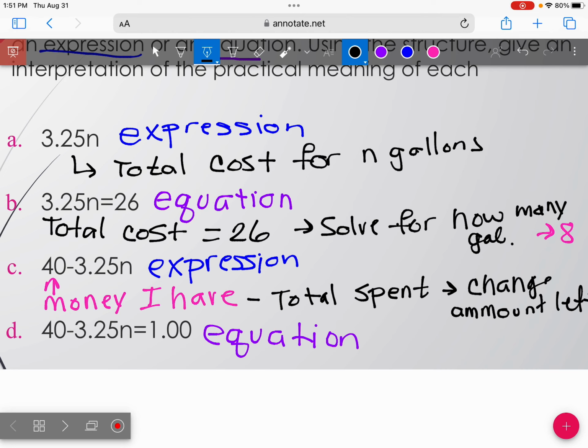It's a thing. So I need to have $1 left after I buy my gas. So this is my balance and how much I can spend on gas, and I need to have $1 left. Okay? So this would be something we could solve to find out how much gas we could buy.